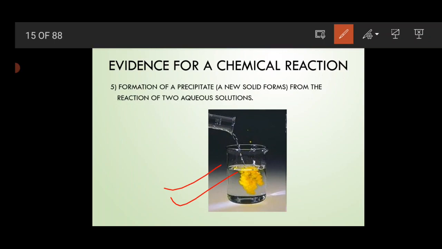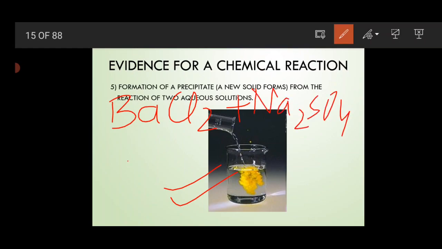That solid substance is called a precipitate, and that type of reaction is known as a precipitation reaction. Let's understand with one more example, like when barium chloride BaCl2 reacts with sodium sulfate Na2SO4. After the reaction you will get BaSO4 along with 2 moles of NaCl.